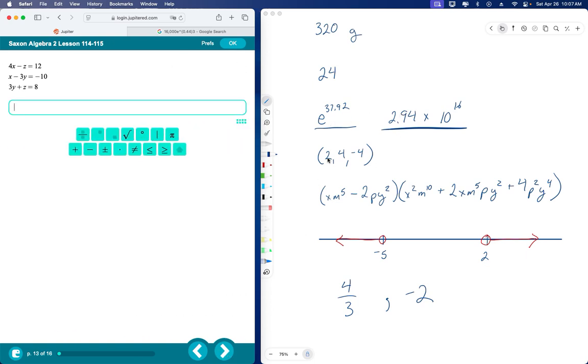Next problem is going to be in parentheses, 2, 4, -4. That's your x, y, and z. We've done one of those in the previous video.